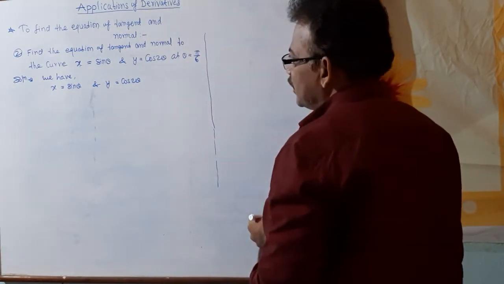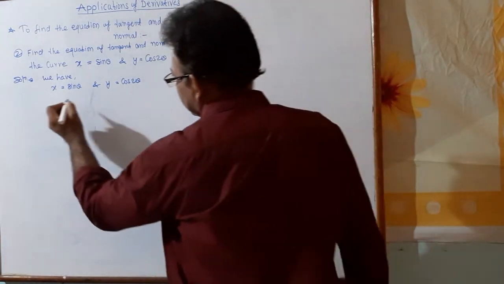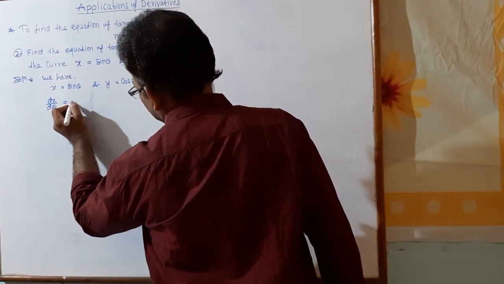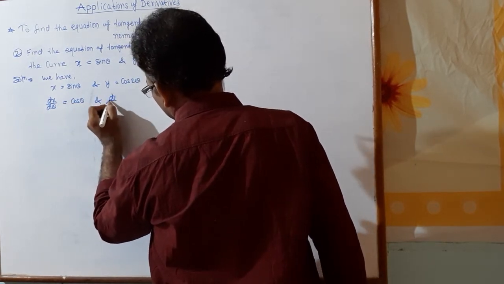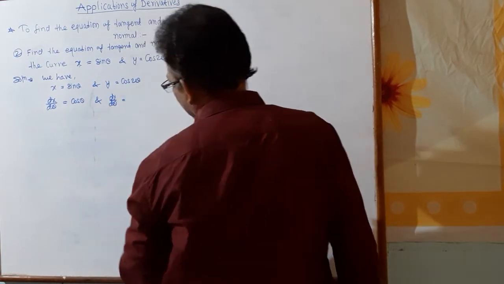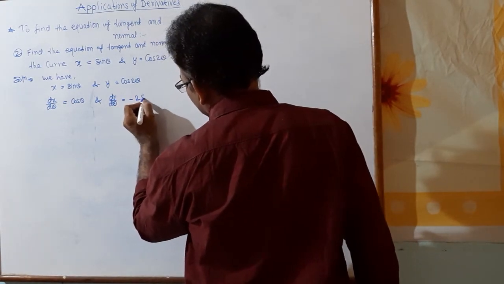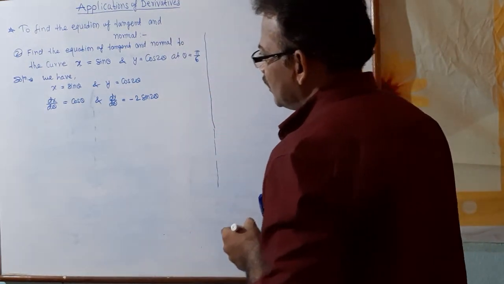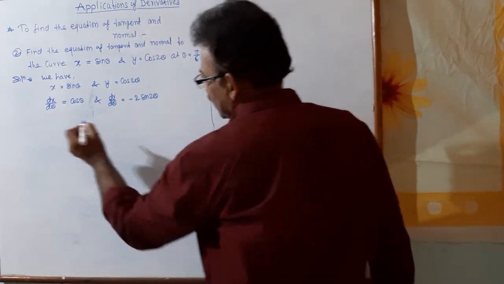First we differentiate with respect to theta. First we have to find dy by dx, that is the slope of tangent. So dx by d theta, derivative of sin theta, cos theta, and dy by d theta, derivative of cos 2 theta, minus sin 2 theta, again multiply by the derivative of 2 theta, that is 2.